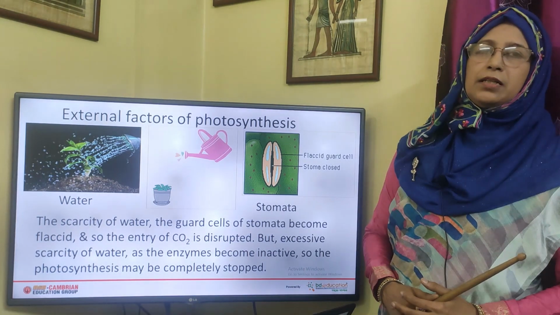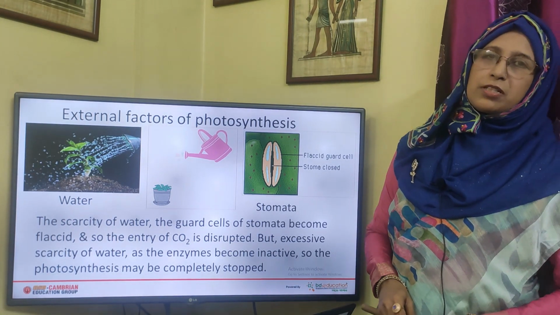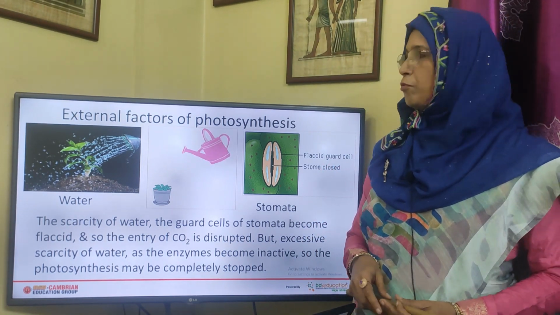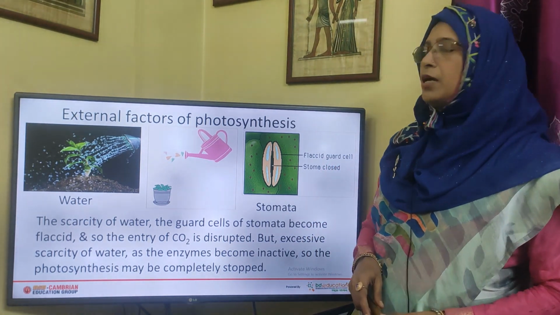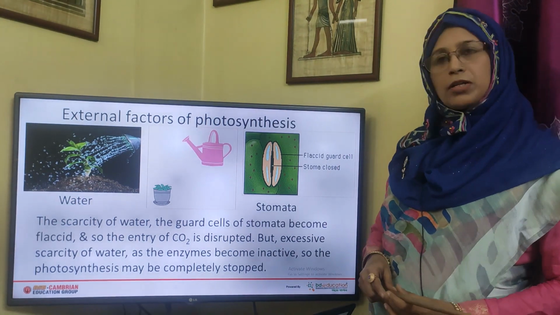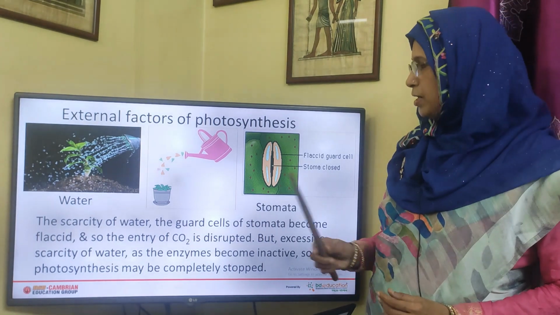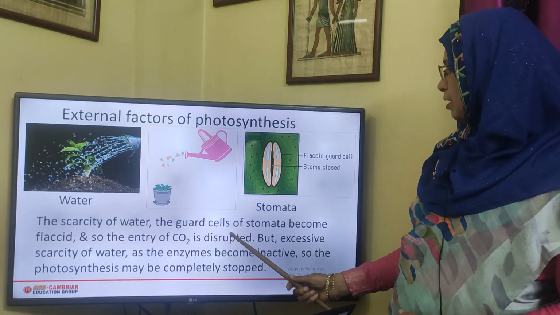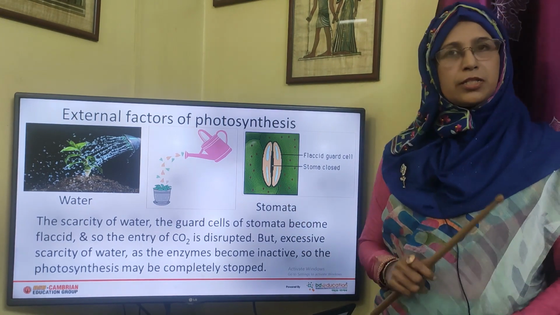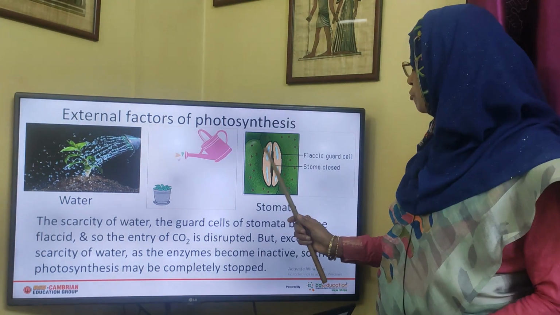Now, water is also essential for photosynthesis, because in the presence of sunlight, plants absorb water by their roots from the soil, and with carbon dioxide produce food. So water is essential, but with scarcity of water, the guard cells of the stomata. This is the stomata. You know what the stomata is? It is covered by two guard cells.